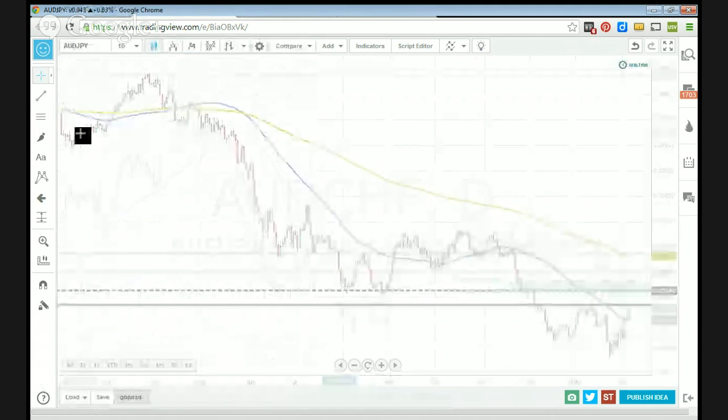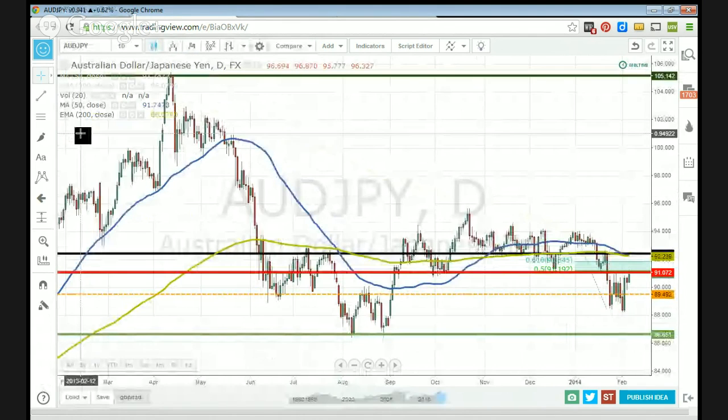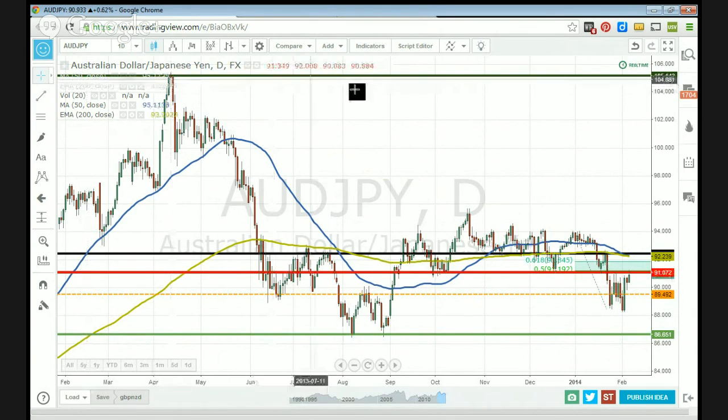Aussie yen, I just got my stop hit there. It may be worth shorting again, and this is another one, we looked at a lot of yen pairs. I've been very confused by them. This could be a good one, it's a 50% pullback from this point here down to this new low.